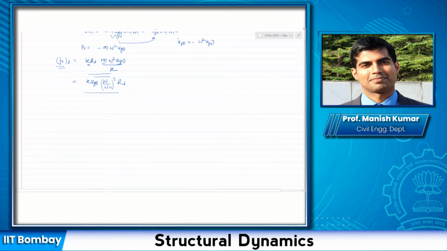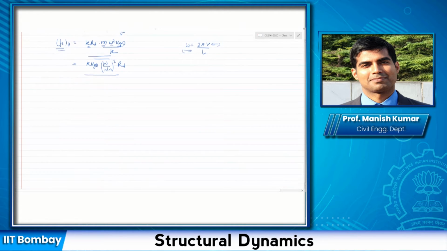But now it is asking what is the maximum with respect to the velocity at which the force becomes maximum. Remember, the excitation frequency is 2 pi v by L. As you increase the velocity of the vehicle, the excitation frequency is going to change, and at some excitation frequency the force in the spring is going to become maximum.